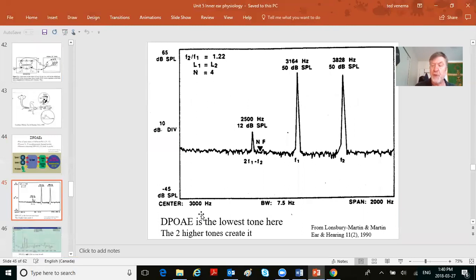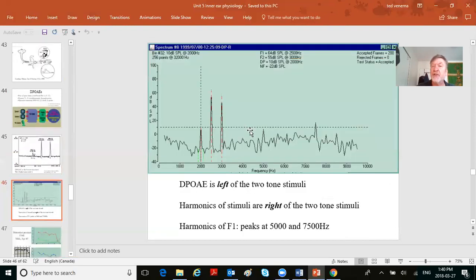So what they do is they put in 2 tones. If you're looking here, you can see the noise floor inside the ear canal. Okay, very soft. And they'll put in 1 tone and a second tone, and a third one comes out. That's your otoacoustic emission. Here too, 1 tone and another tone coming into the ear, your otoacoustic emission coming out.